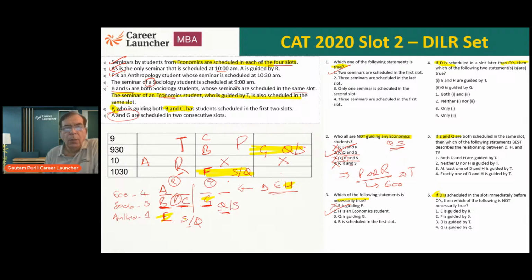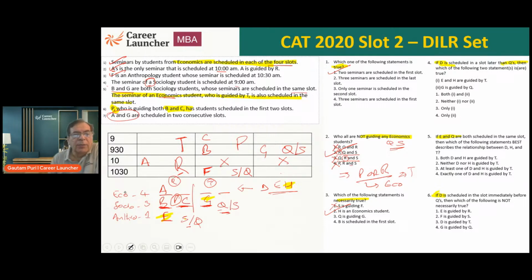Okay. So the question says if D is scheduled in a slot later than Q. If Q is here, D cannot be scheduled later than Q. If Q is in the 10:30 slot, if Q is guiding F, then D cannot be scheduled later.